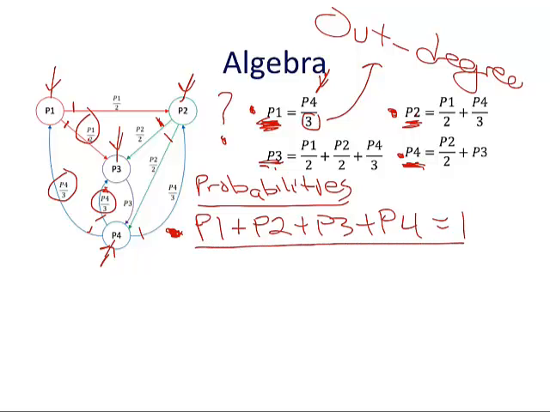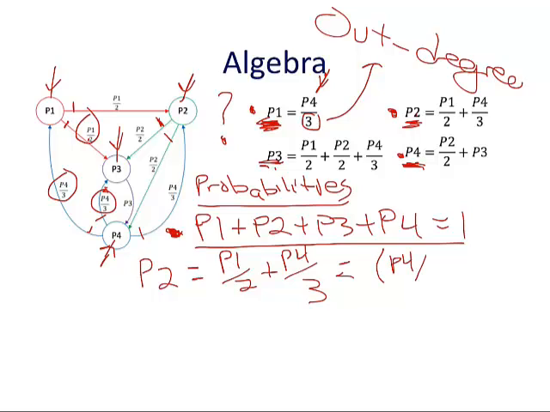So let's see if we can get P2 in terms of P4. Well, we know that P2 is equal to P1 over 2 plus P4 over 3. But we already know what P1 is, so we can substitute in for P1 to be equal to P4 over 3.